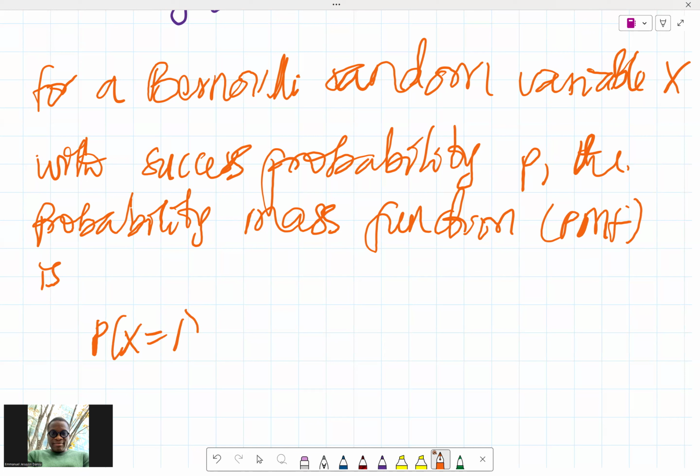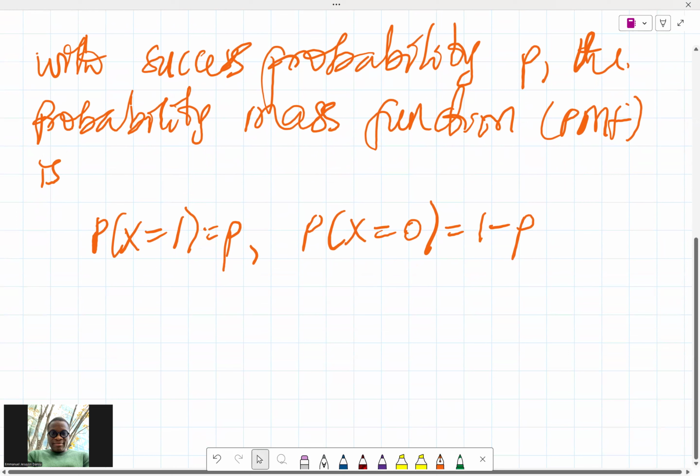The probability that X is equal to 1 is the probability of success, p. Then we have failure, which is value 0. The probability that X is equal to 0 is 1 minus p. So that's a success and failure situation.